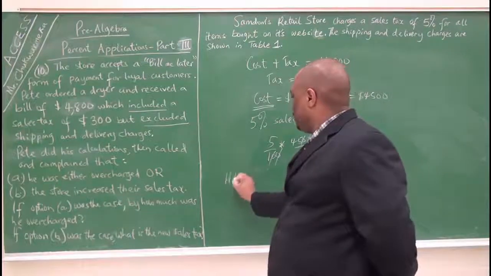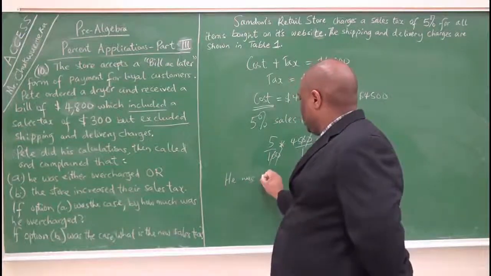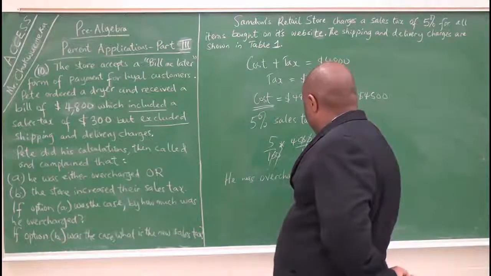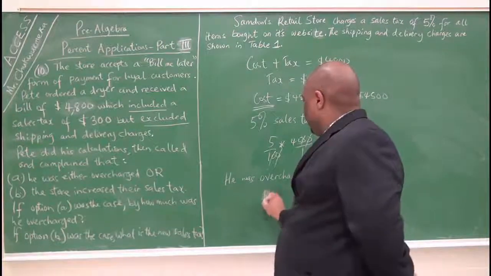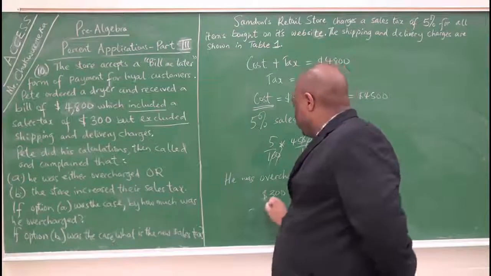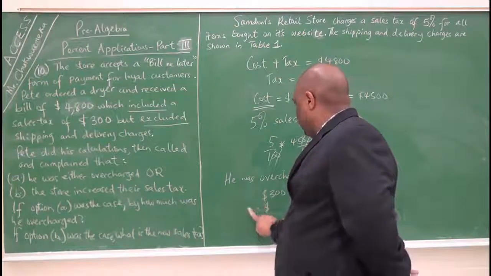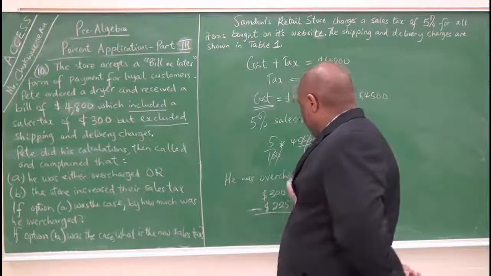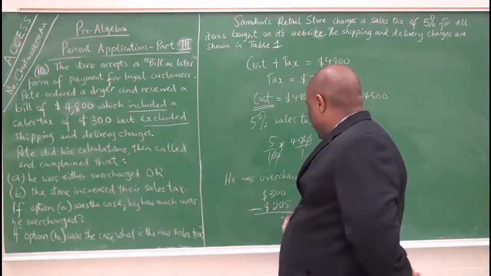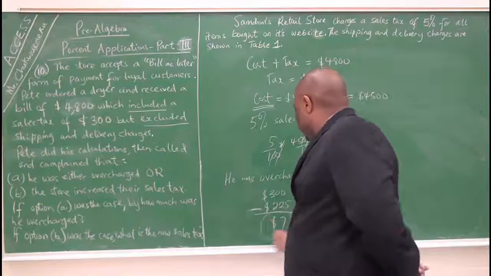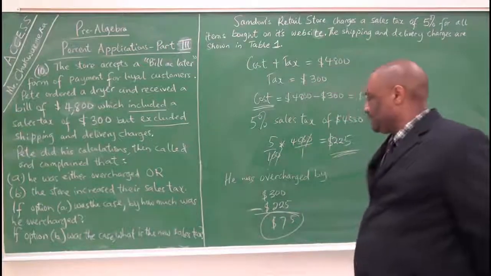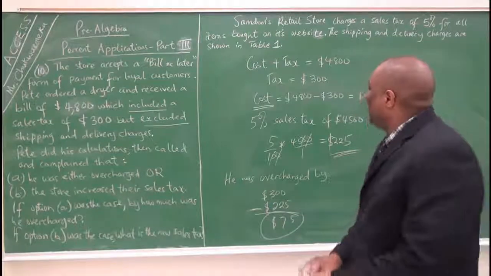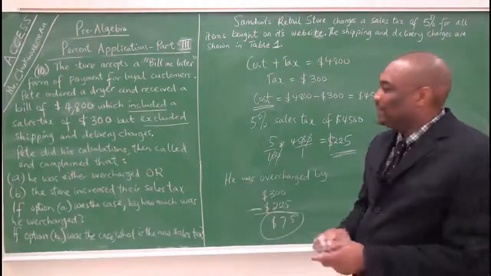He was overcharged by $300 minus $225, and that gives us $75. So they overcharged him by $75, and they have to refund it. That's the joy of learning mathematics.